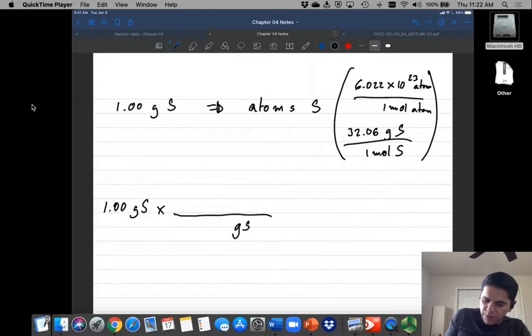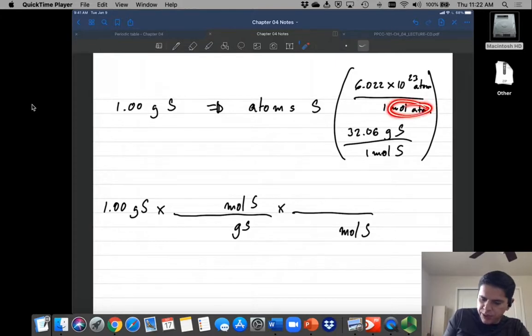From grams of sulfur, which we can find here, we can go to moles of sulfur. Okay, so let's do that. Moles of sulfur. And then finally, from moles of sulfur, that would be the moles here, because we already used this, then we can go to atoms. So then atoms of sulfur. And now we go ahead and fill out our numbers.